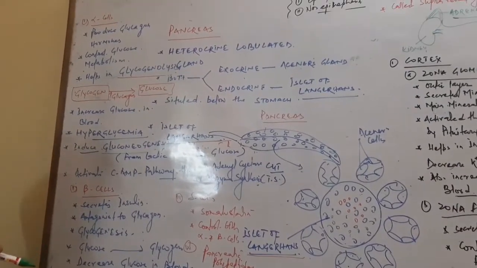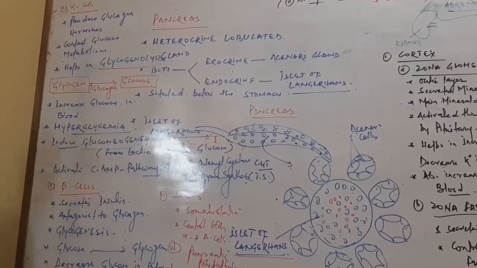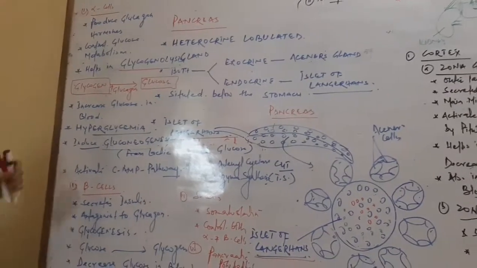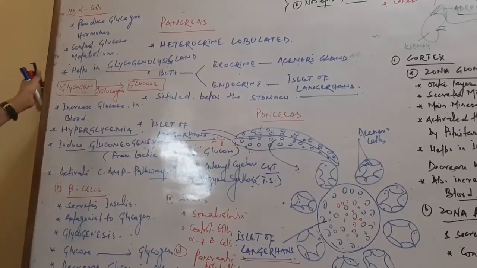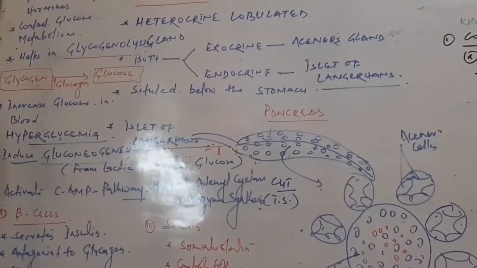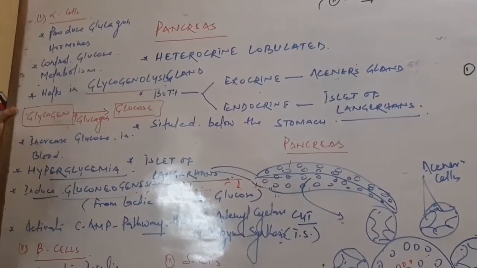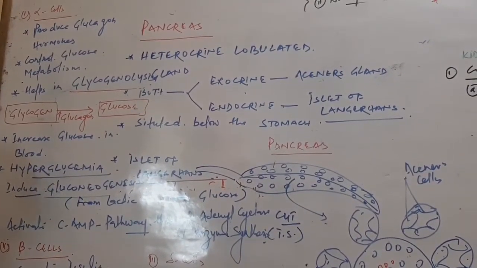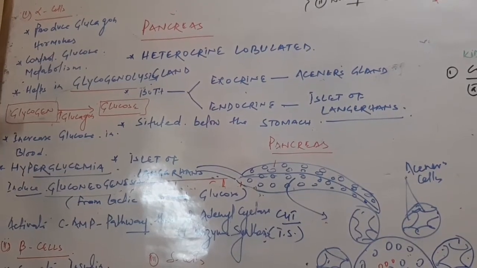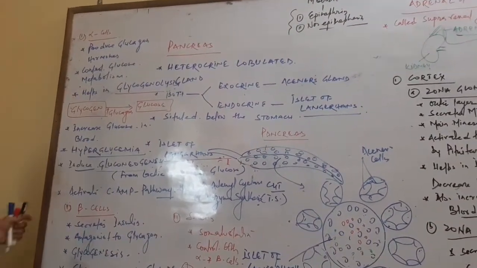First are alpha cells. Alpha cells produce glucagon, which helps in glucose metabolism. It controls glucose metabolism and helps in glycogenolysis.